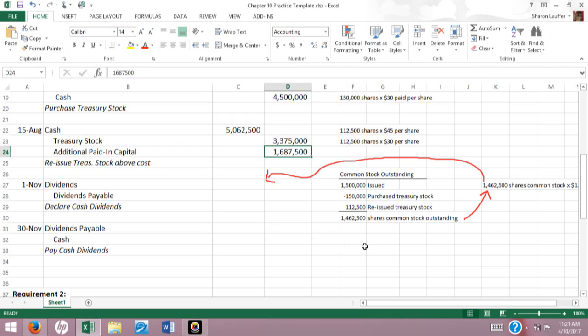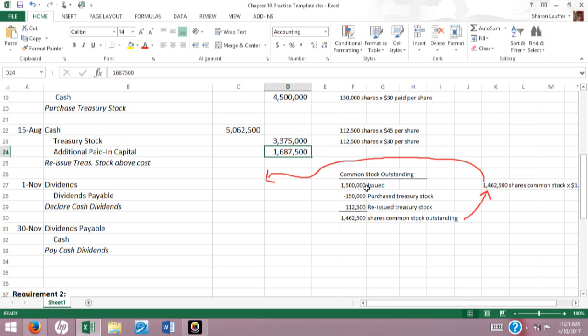Well, that makes sense because we own our treasury stock. We're not going to pay ourselves dividends on those. So the first thing we need to do is figure out how many shares were issued and outstanding on November the 15th. That's the date of record.